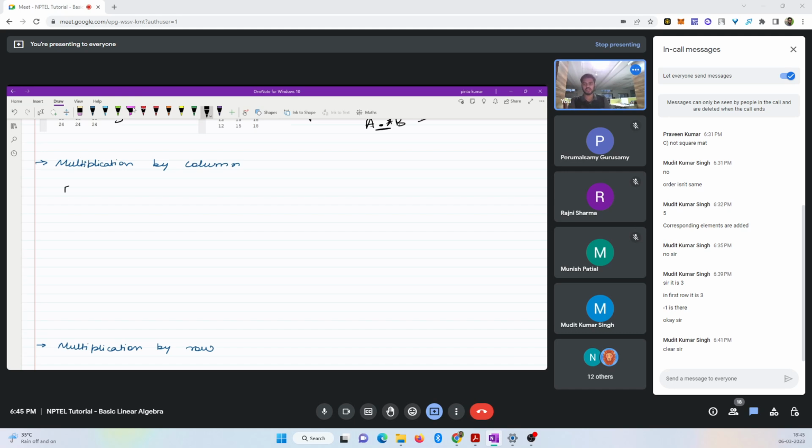Okay, let's say we have a matrix A11, A12, A13, A21, A22, A23, A31, A32, A33, and we want to multiply it with, let's say, C1, C2, and C3.